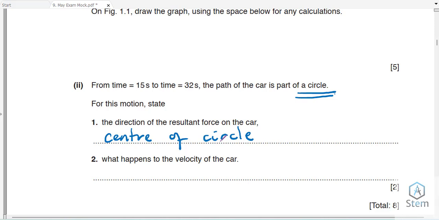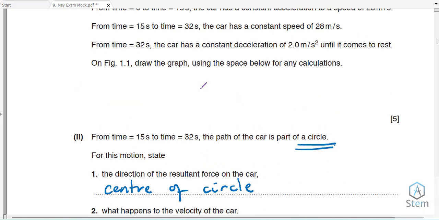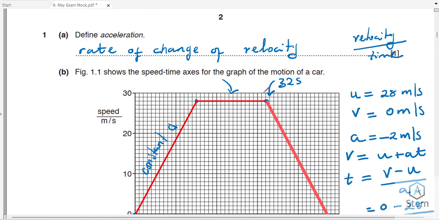What happens to the velocity of the car? Look here. During that leg of the journey, the car speed is not changing. But if it is traveling in a circular motion, the direction keeps changing.